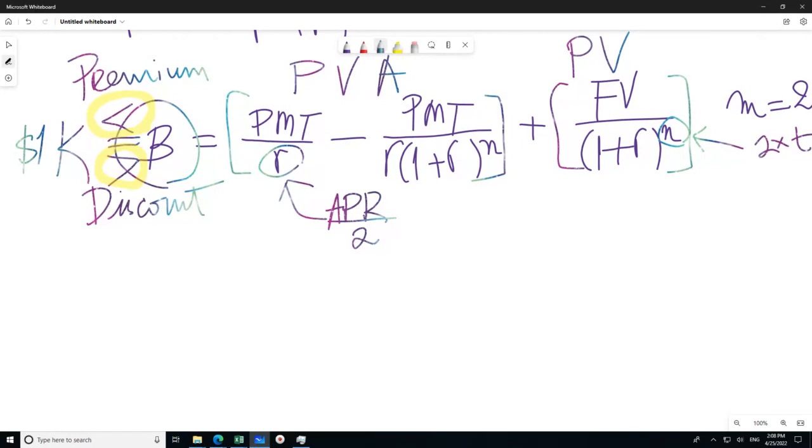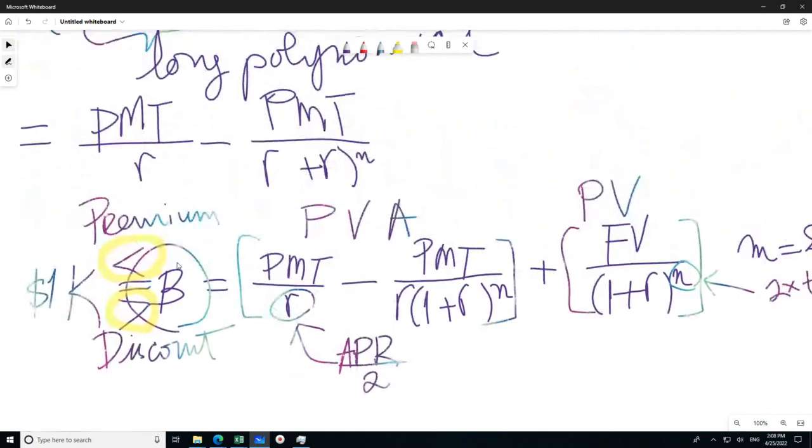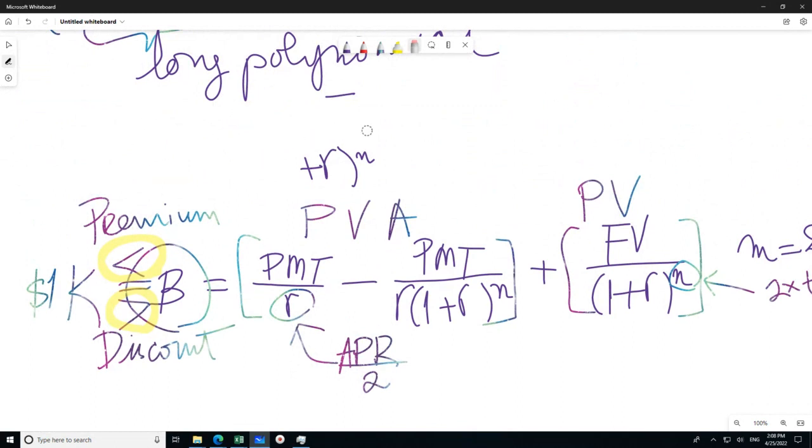And we talked about this so many times in our previous classes. What makes a bond a premium bond, and what makes a bond a discount bond? Does anyone remember the reason? I talked about cause and effect.